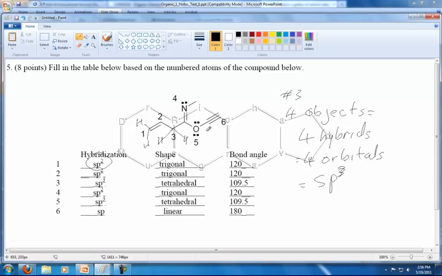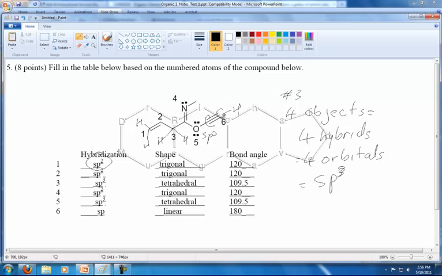Number 5 is a little tricky because there's a carbon here and a carbon here with a hydrogen on it, and that means this oxygen is completely single bonded, so that's going to be sp3. We can get that also by looking at the number of objects attached to the oxygen: 2 bonds and 2 sets of lone pairs for a total of 4, needing 4 hybrid orbitals.